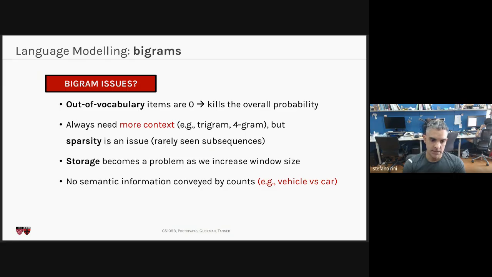The other issue is that there is still no semantic information contained in the counts. The example that people give is vehicle versus car. Of course, in many sentences in which you encounter the word car, it could be substituted by the word vehicle because they are almost exact synonyms, right? But car is used in daily language, and vehicle, for example, is used in insurance documents.